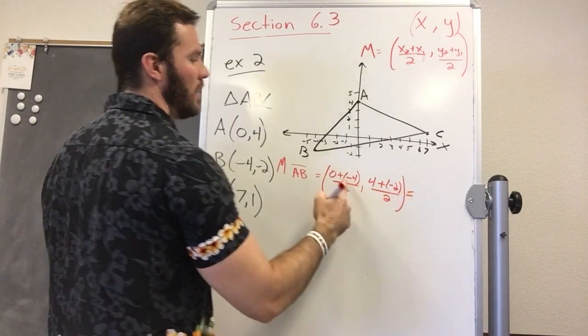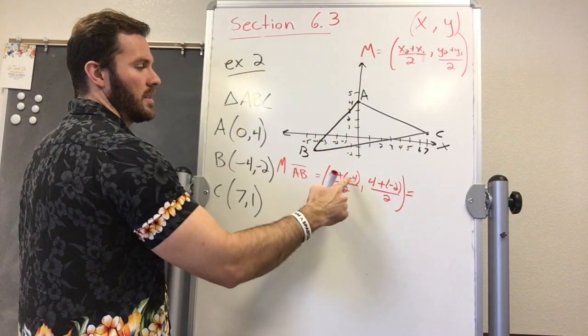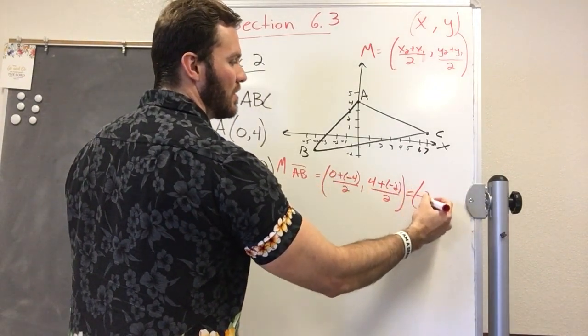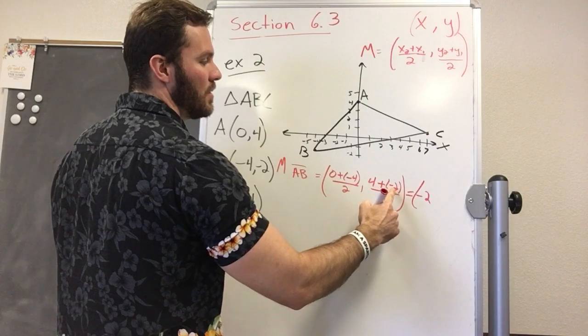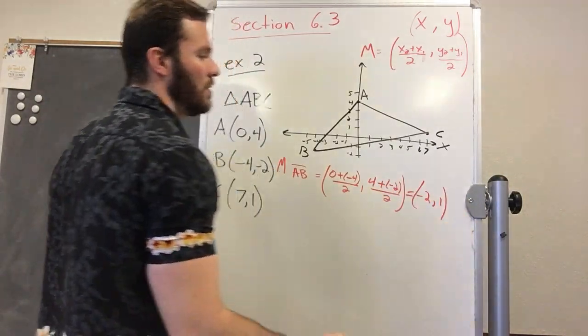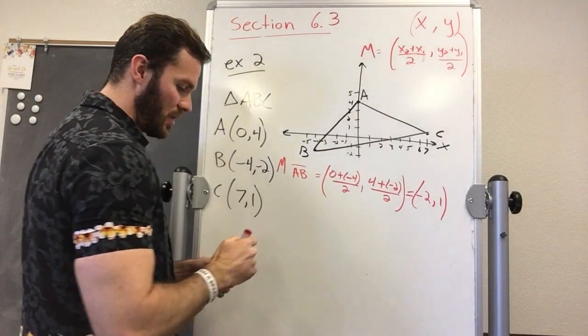That is going to equal 0 plus -4 is -4, divided by 2 is -2. 4 minus 2 is 2, divided by 2 is 1. So -2, 1 is my first midpoint.